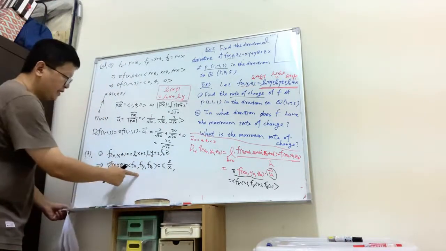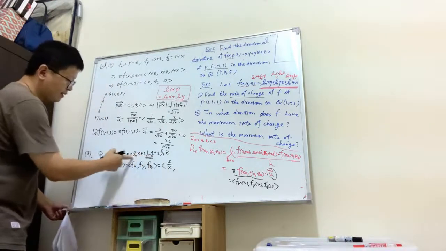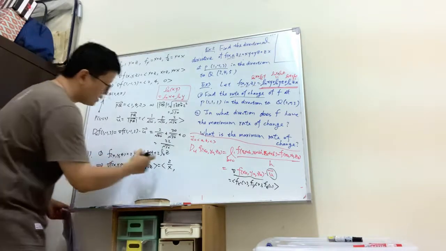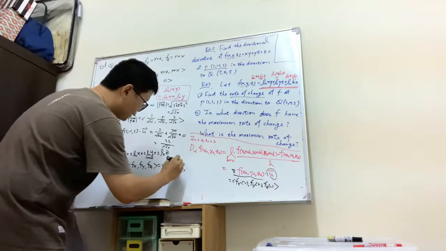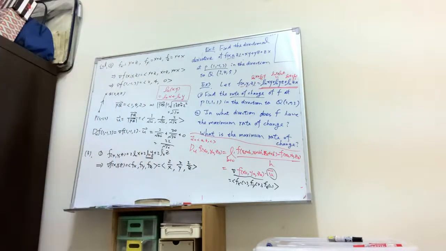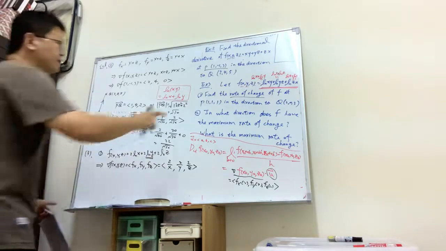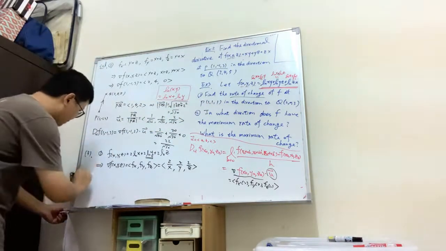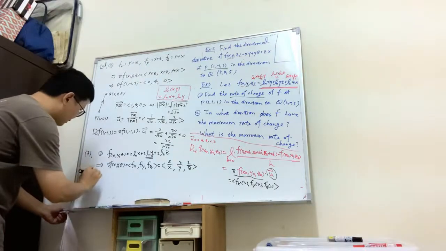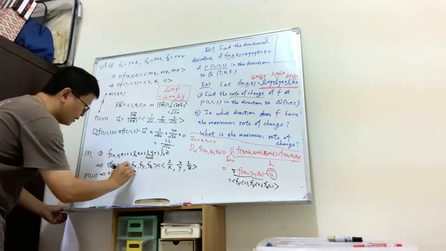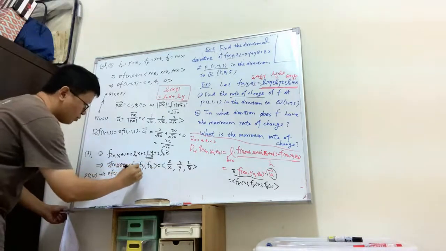And then here, the other terms are 0, and the derivative is 2 over y, so it's 2 over y. And here is 2 over g. But we consider the point. P is (1, 1, 1), so gradient f at (1, 1, 1) is exactly 2 over 1 is 2, 2, 2.